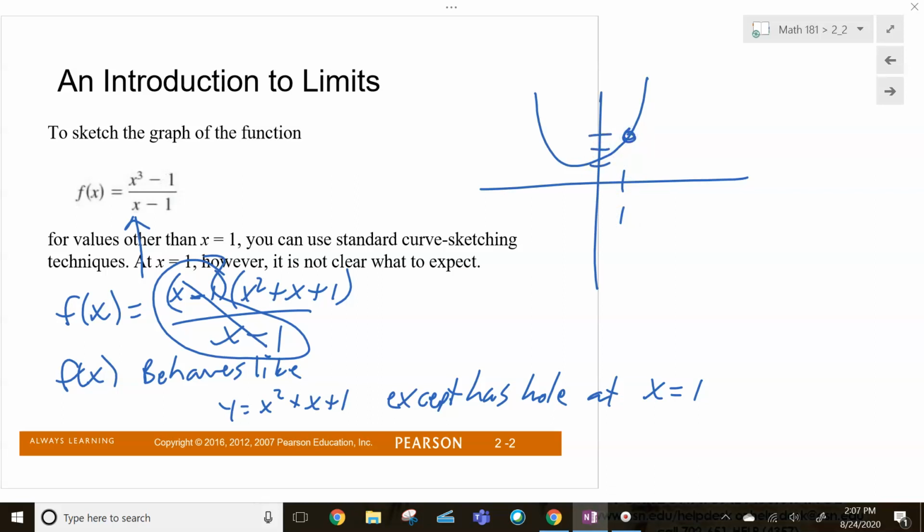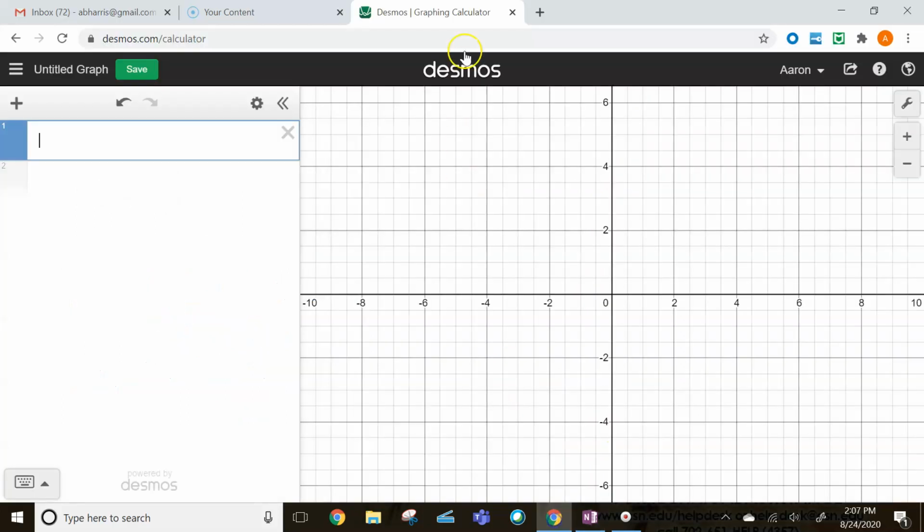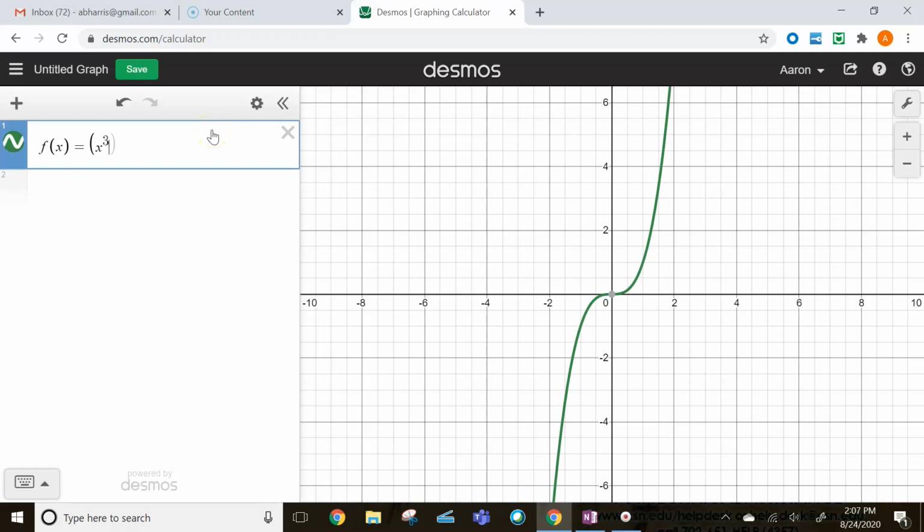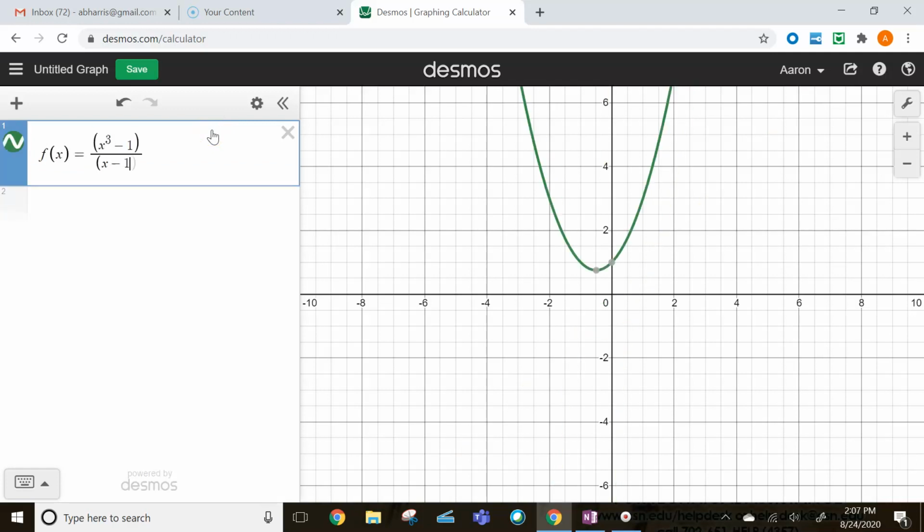In fact, let me pull it up on Desmos.com and look at that here. We're going to analyze f of x equals x cubed minus 1 divided by x minus 1.